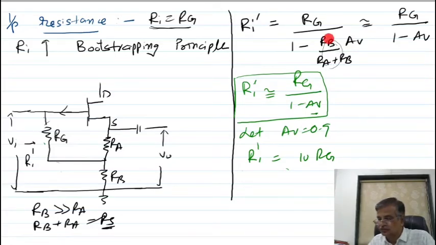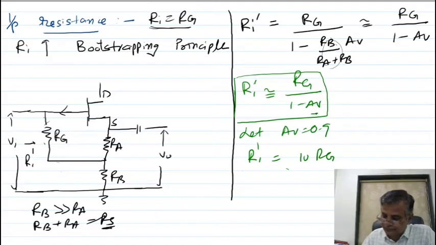I am neglecting this portion since it is nearly 0.98. Av is just less than 1, so 1 minus 0.95, or 1 minus 0.9, is very small, so the resistance is very large compared to Rg. Just to explain, if Av is 0.9, how much does your input resistance increase? 10 times. This is the benefit of the bootstrapping principle: you can increase your input resistance.